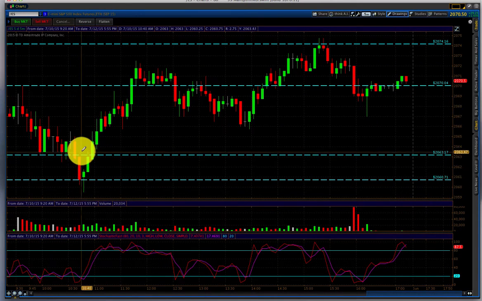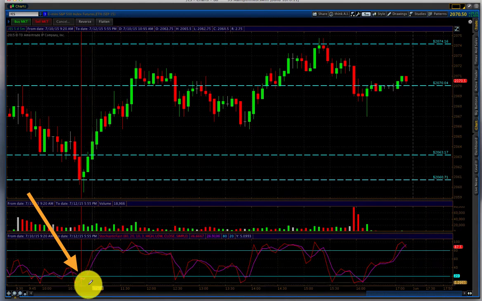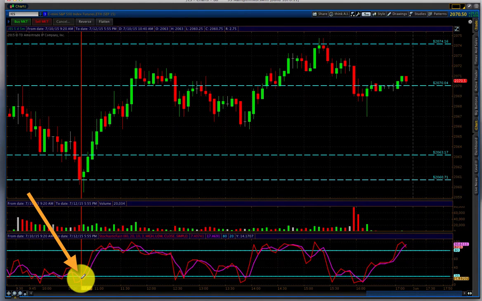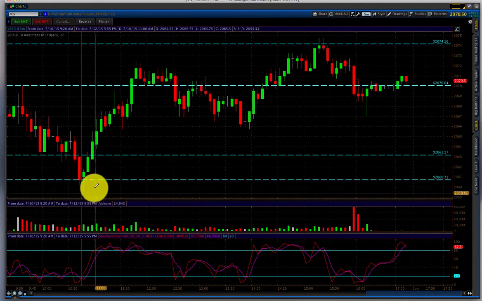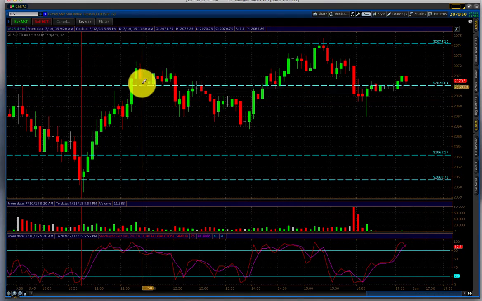So if you're trading that way, and then you see the stochastic right here, 10:40, see it right here, crossover. That would have been my long signal, long from 2060.